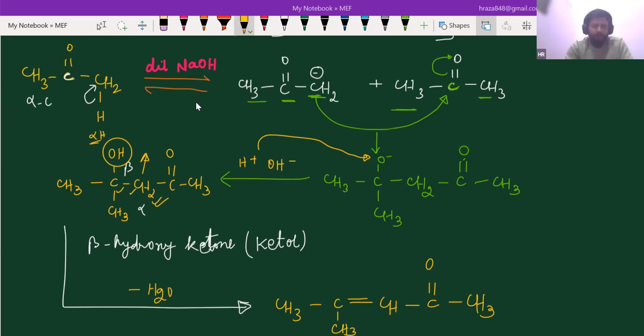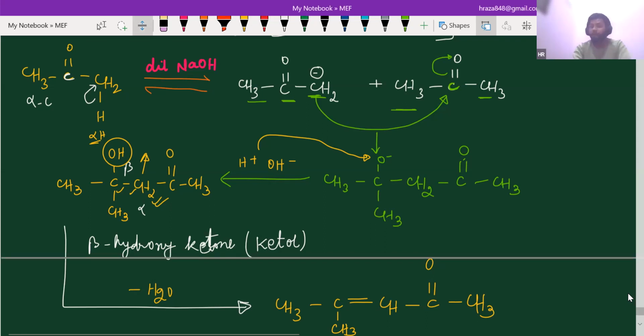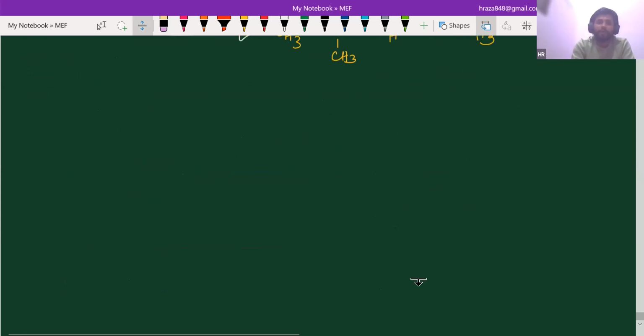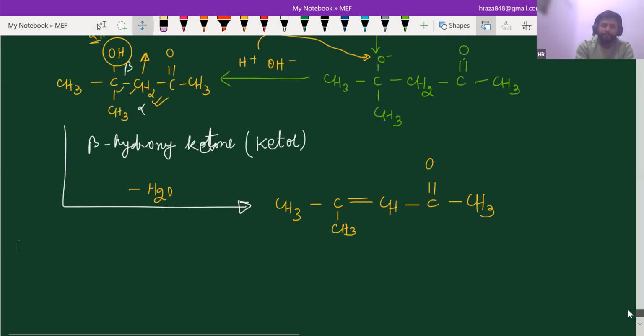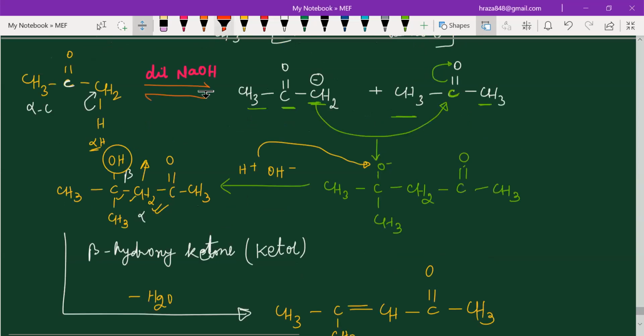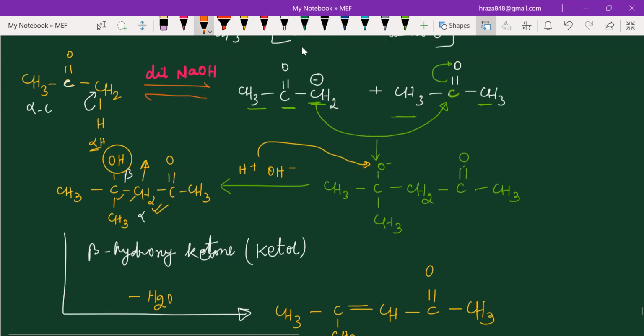So this is basically ketone. Now we did ketone as well as aldol reaction. Now we are going for cross aldol. Have you written it? No, sir, I need to copy the last part. Okay, please do it and let me know.